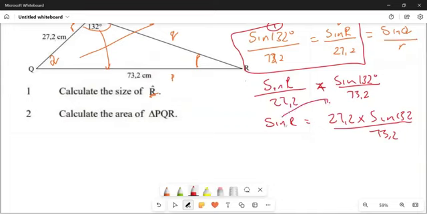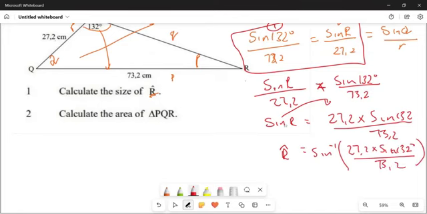You take sine to the other side, and then R is equal to the sine arc of 27,2 multiplied by the sine of 132 all over 73,2. Okay, you type this in your calculator.